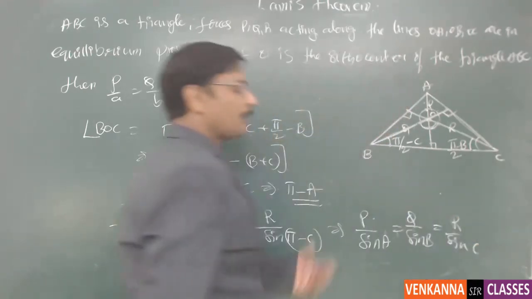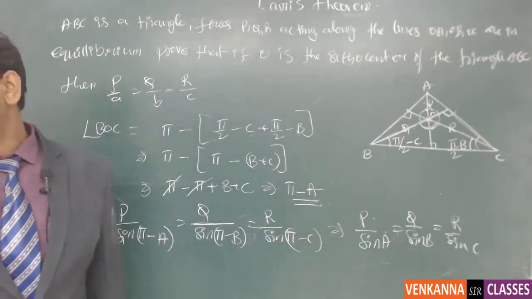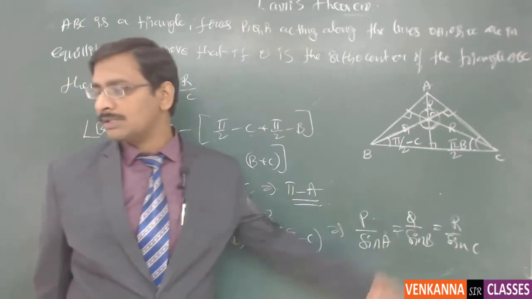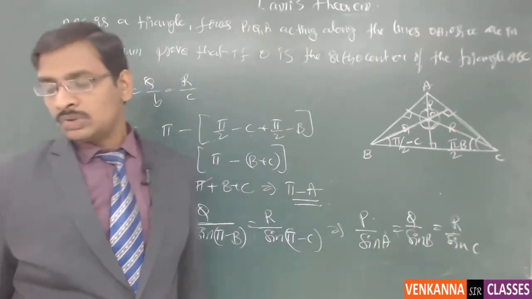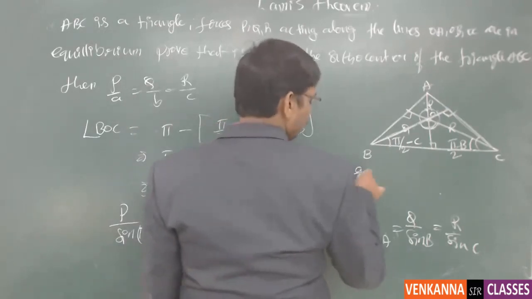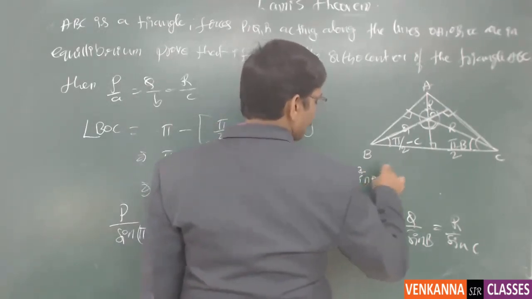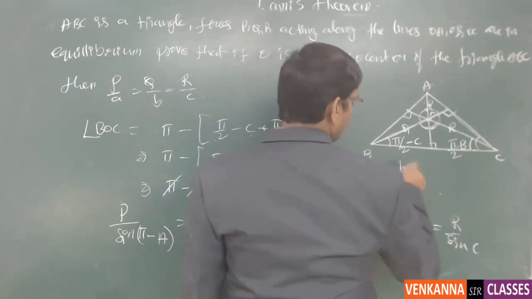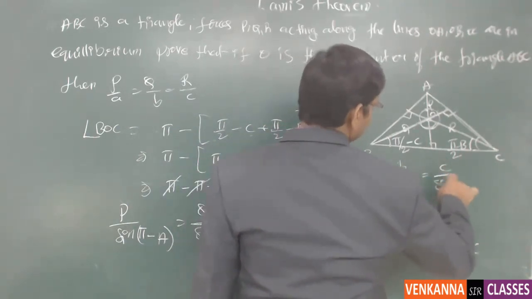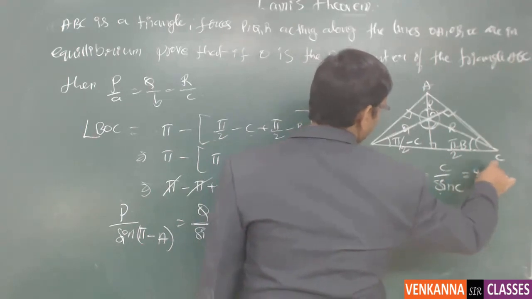So you can apply the sine rule on that. a by sin A is equal to 2R, b by sin B equal to 2R, and c by sin C equal to 2R. So a by sin A is equal to b by sin B is equal to c by sin C equal to 2R.